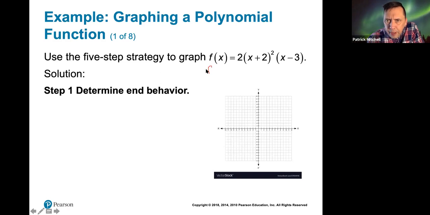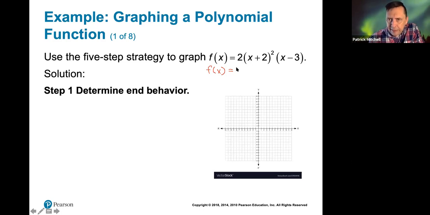If you were to multiply this thing all out, the highest degree term that would come out of the x plus 2 squared would be x squared. And of course, x minus 3, you've kind of already got the whole story there. So when you were multiplying x plus 2 squared times x minus 3, the highest degree term that would come out of that product would be x cubed.